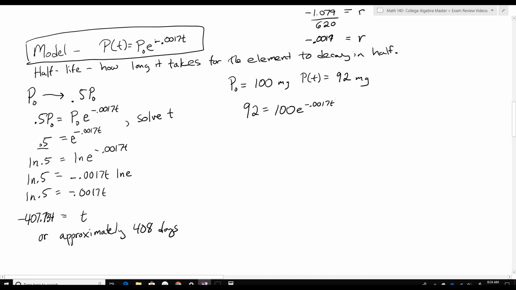Now we're just going to do some algebra. We're going to divide through by 100, so 0.92 is equal to e to the negative 0.0017 t. Take the natural log of both sides.